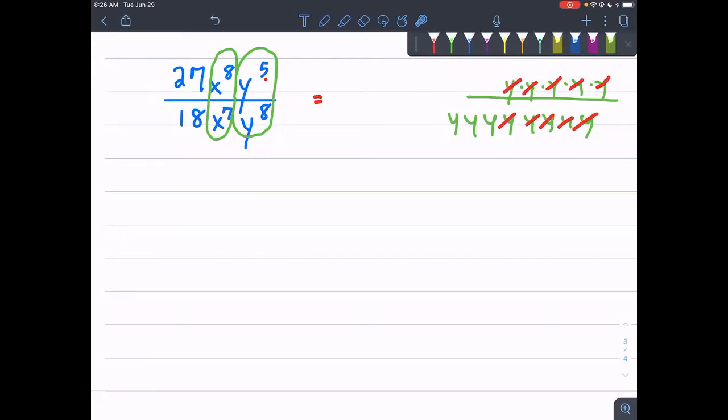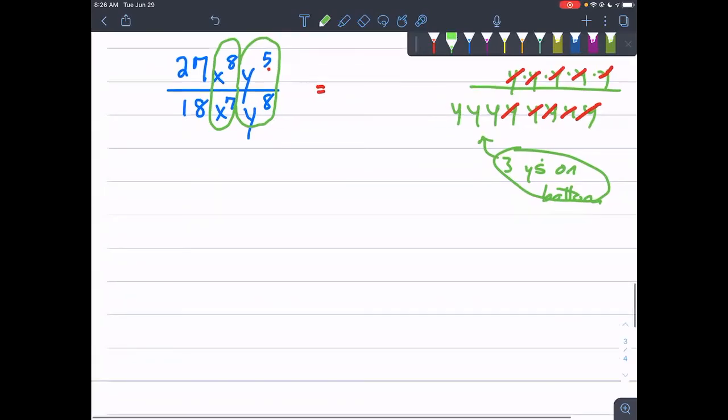All the similar ones cancel, and you're left with 1 on top. So 3 y's on bottom. Or you can do the subtraction: 5 minus 8 gives you -3. Slightly different ways you can think of this, but hopefully you recognize that the y's are going to be on bottom.